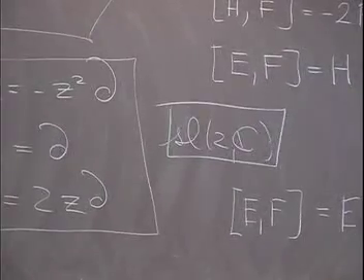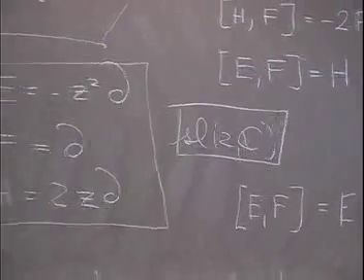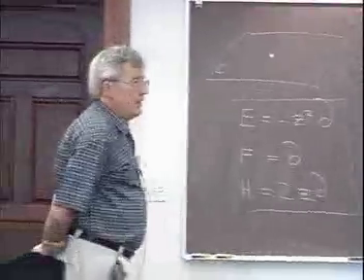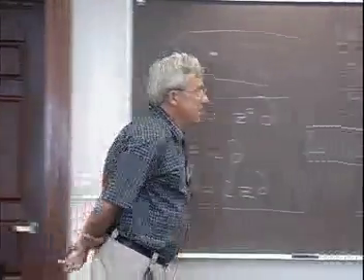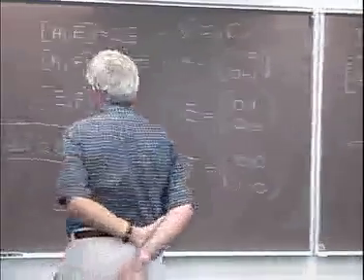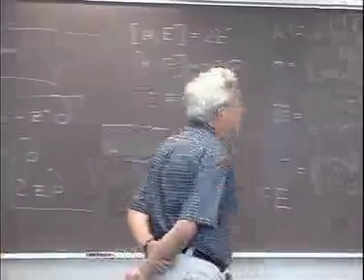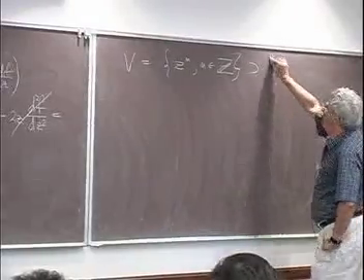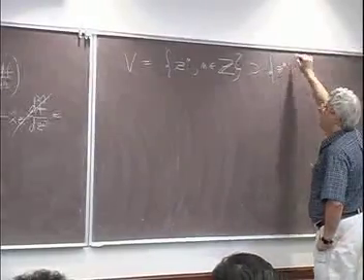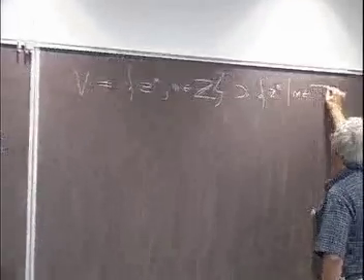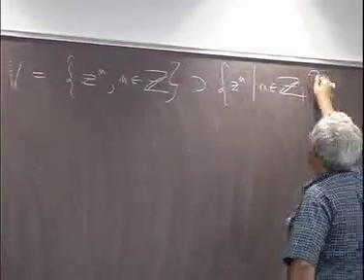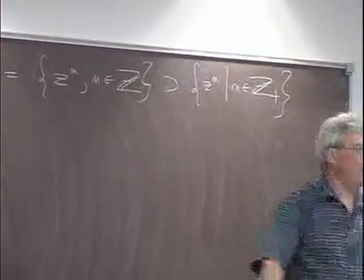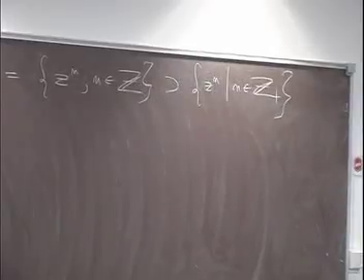Yes. So let's look at the submodules. For example, inside this, I have all polynomials. I have a submodule of all z^n when n is positive. Rational functions with poles at the origin.